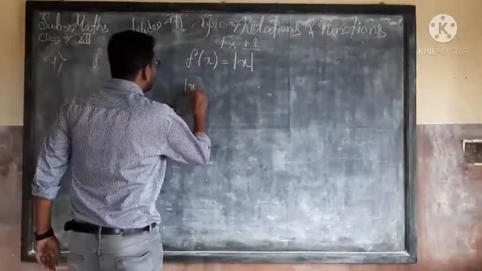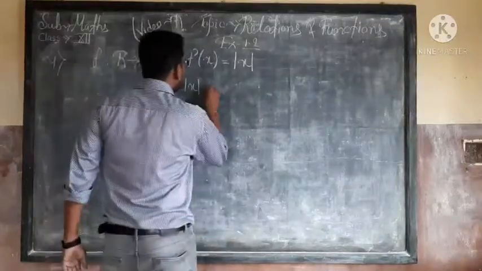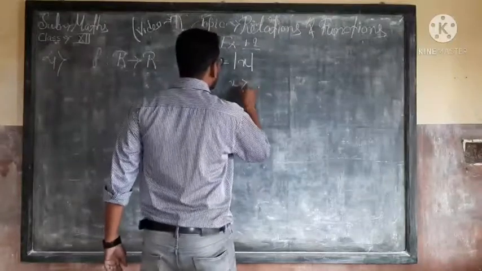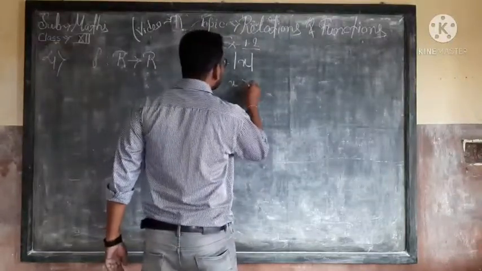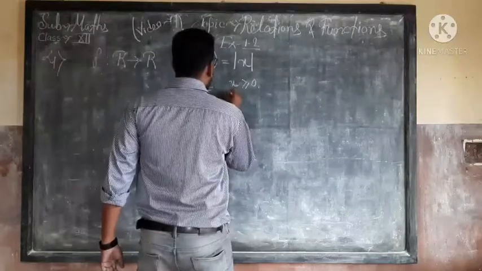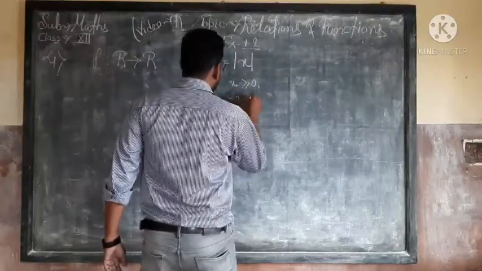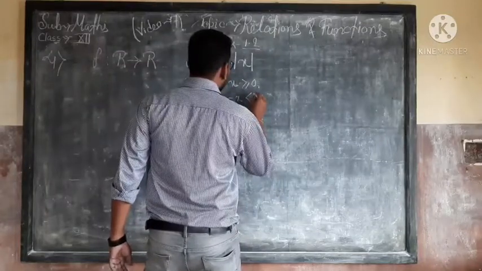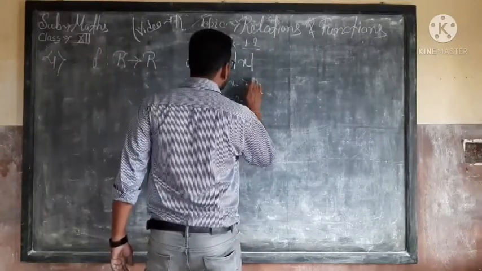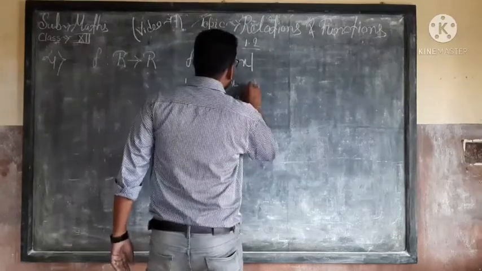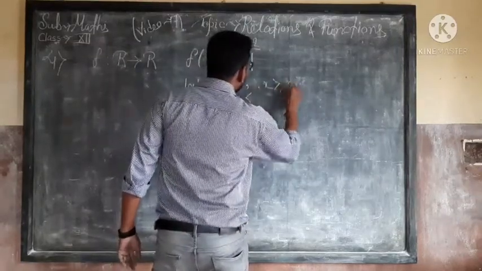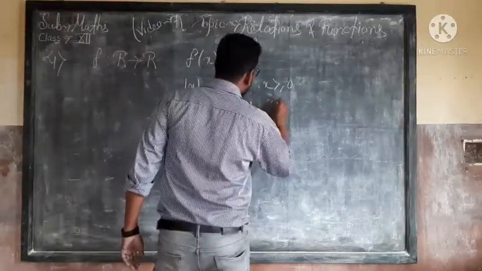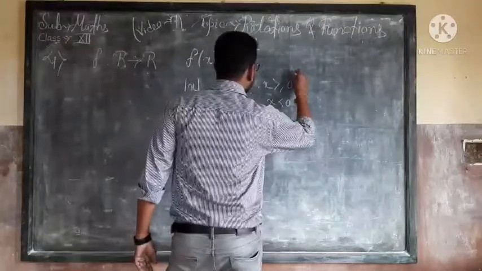We already know that it is equal to x when the value of x is greater than or equal to 0, and it produces minus x when x is less than 0.